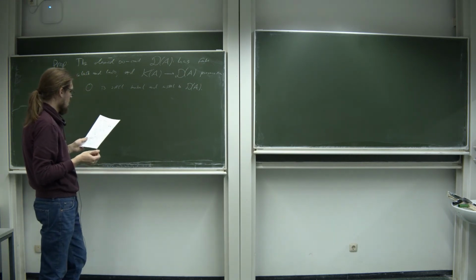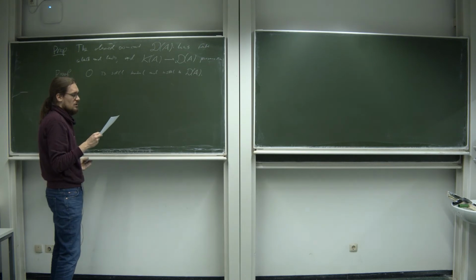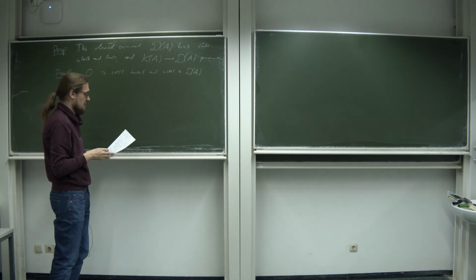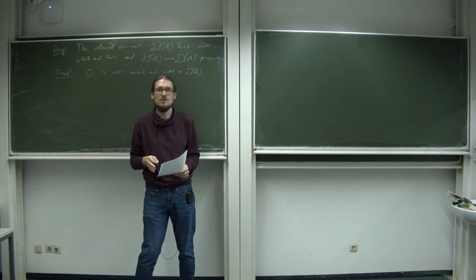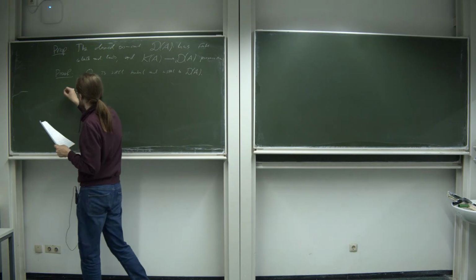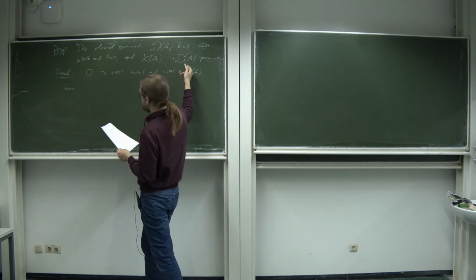So now we need to deal with pushouts and pullbacks, and as usual we'll discuss pushouts, and then we'll see that pullbacks are a dual argument. So let's first check that the functor actually preserves pushouts.